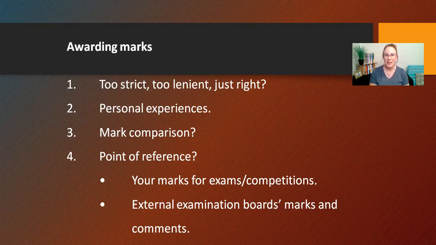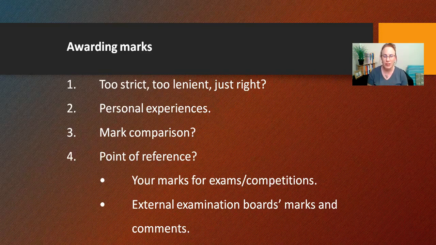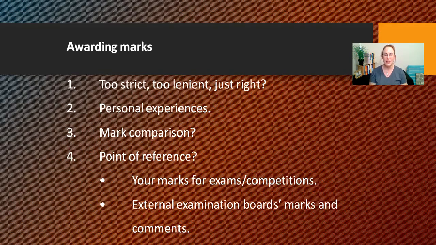Now we get to the important question: how do I determine my point of reference? Think back to your own exams. You know exactly the type of work you presented, the level you played it at, what comments you got, what marks you got. Think of your exams, think of the competitions that you participated in.